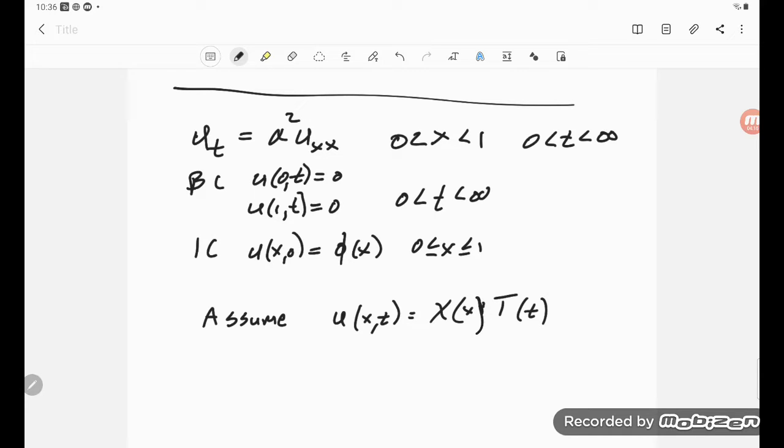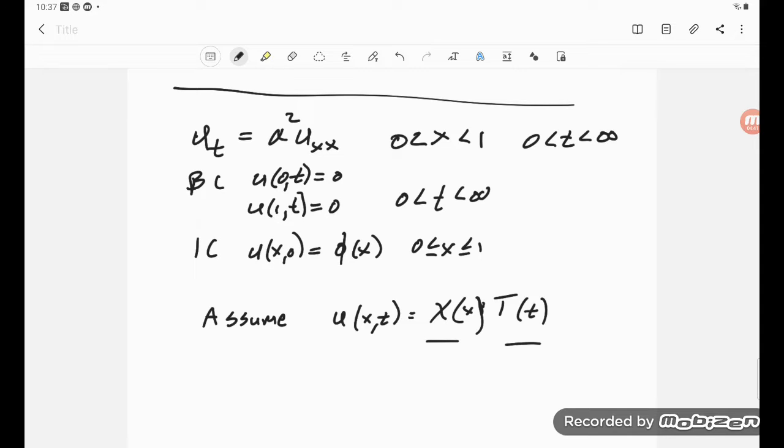Okay, we're going to assume that this is the separable part here, that the solution is actually a function of x times a function of t. And there'd be some constants multiplied in here somewhere, but for now, we have our function of x times a function of t.